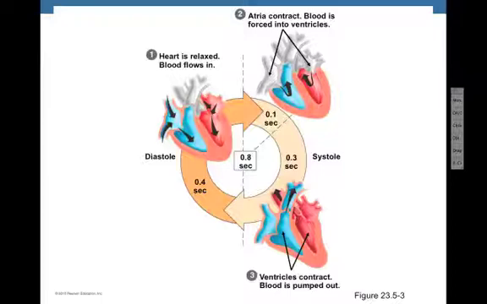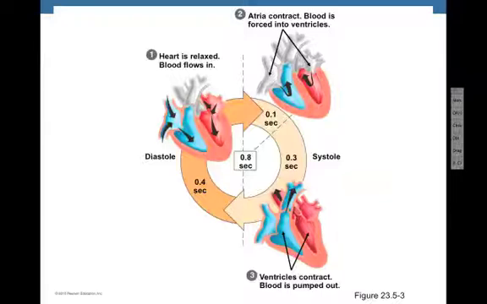Then when the contraction starts, it's forcing the blood. Here you see on number 2 that the atria contract first. And that's when the blood is forced into the ventricles. So it's not one big contraction of the heart all at the same time.